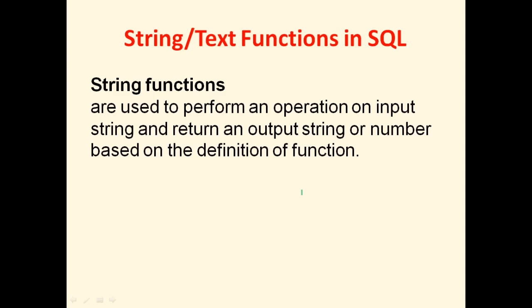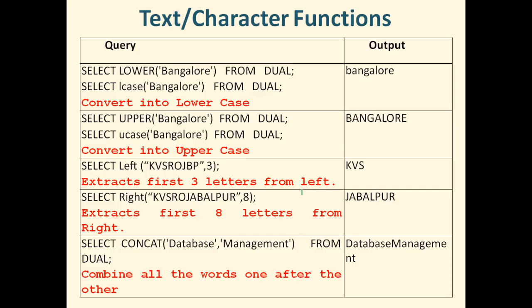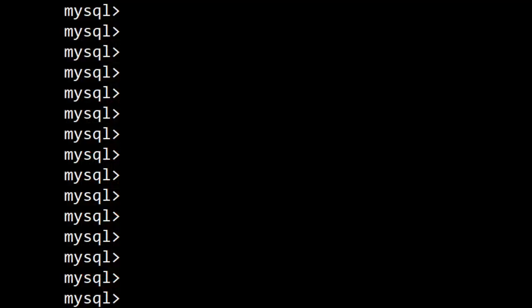So this is the string text functions definition, and the functions that are in our syllabus I want to show you. Okay, before the functions I want to show you one more thing. Where are we going to run our functions? We are going to do it in MySQL, and in this MySQL we have this MySQL prompt.